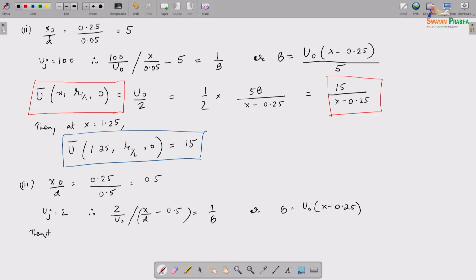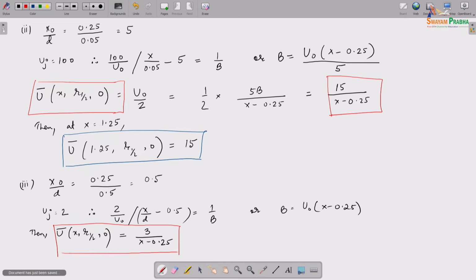Okay, so then, right, this is equal to 3 by x minus 0.25.